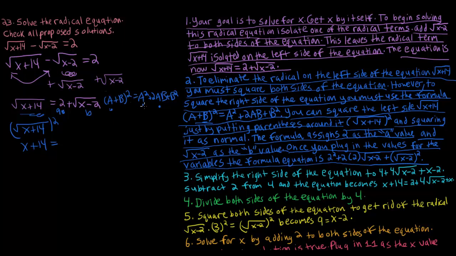Plug in a squared, where a is 2, so 2 squared, plus 2ab, so plus 2, a is 2, put that in parentheses, b, which is square root of x minus 2, and then plus b squared, so plus the square root of x minus 2 squared.